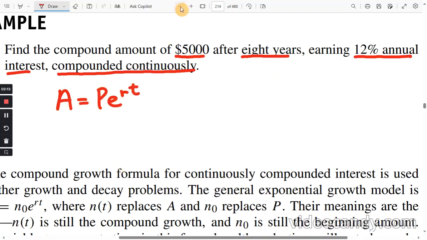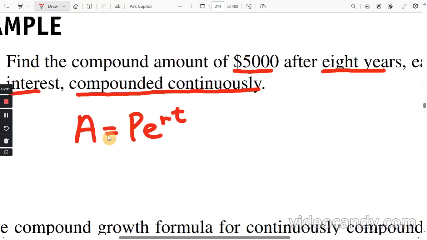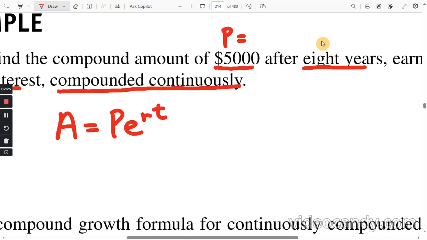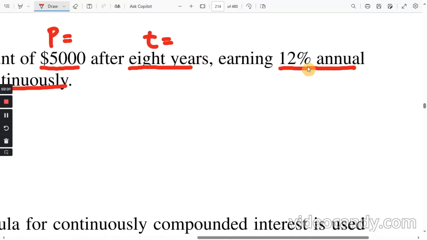This is actually easy to remember. A equals Pert. The initial amount invested is the principal, that's 5,000. The time t in years equals 8 years. And the interest rate r, you move the decimal over 2 places, and that's going to be 0.12.